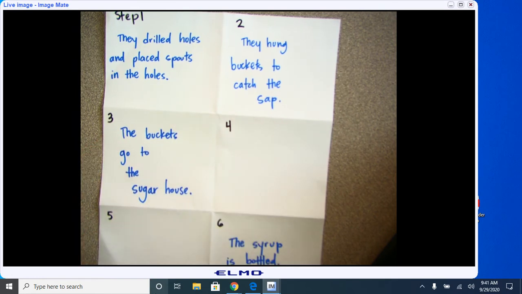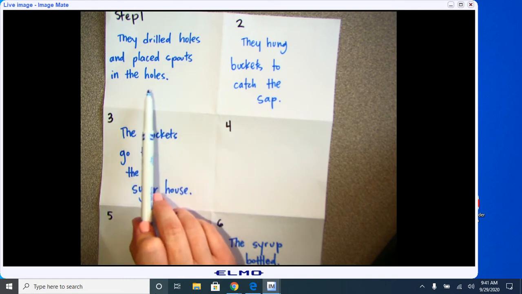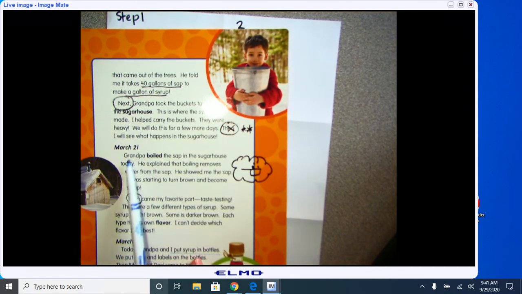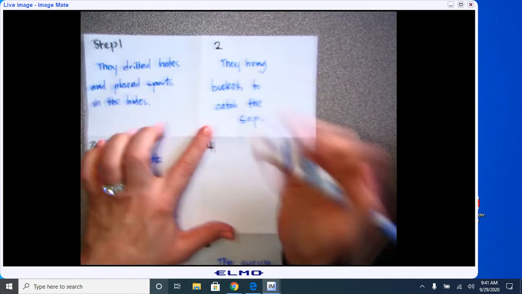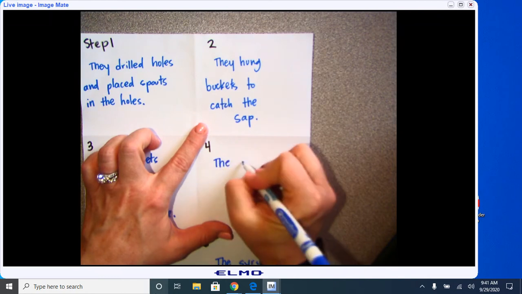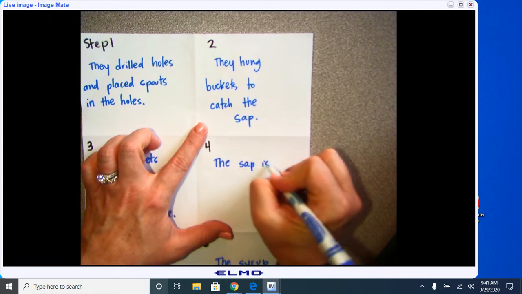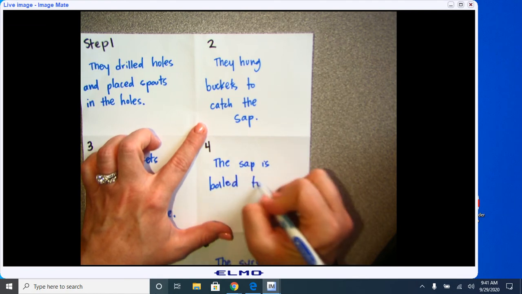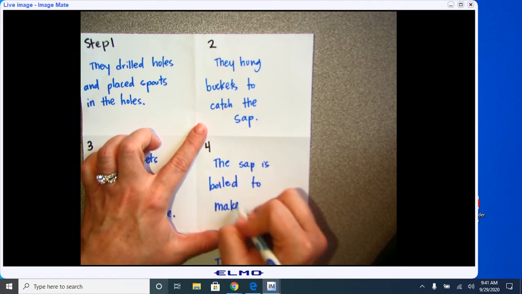All right, so they drill the hole in the tree, hang the bucket, put the bucket in the sugar house, and then they have got to boil. So they put it in the sugar house, and then Grandpa boils the sap in the sugar house to make it syrup. So the sap is boiled to make syrup.